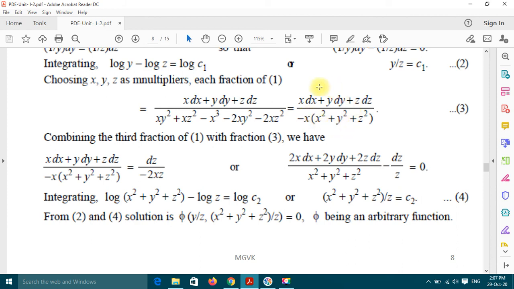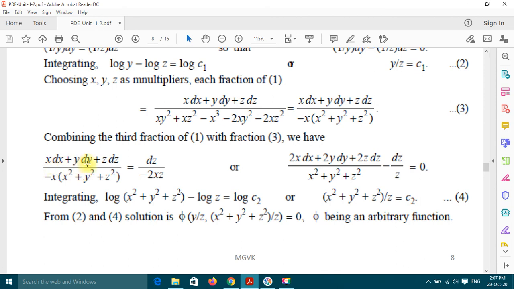Now this fraction and the last fraction of equation 1 are equal.